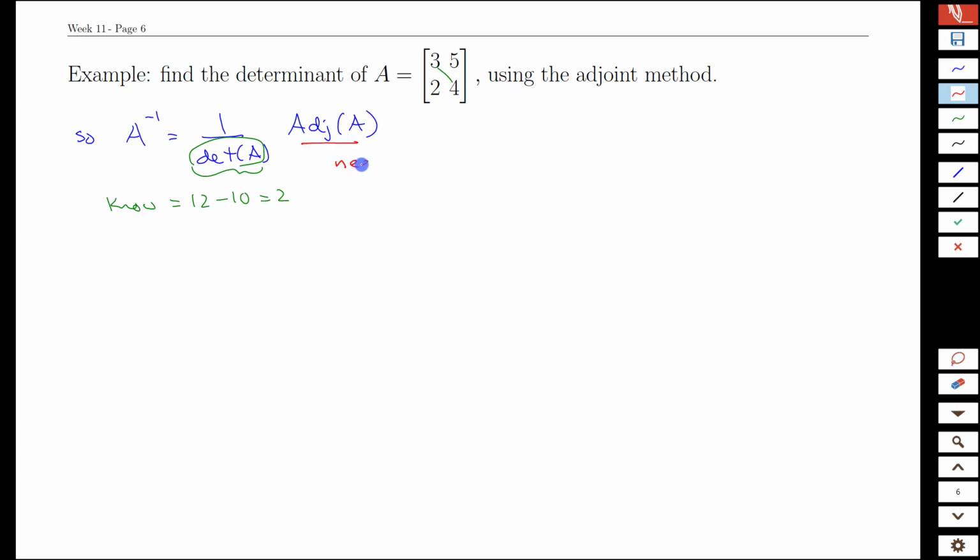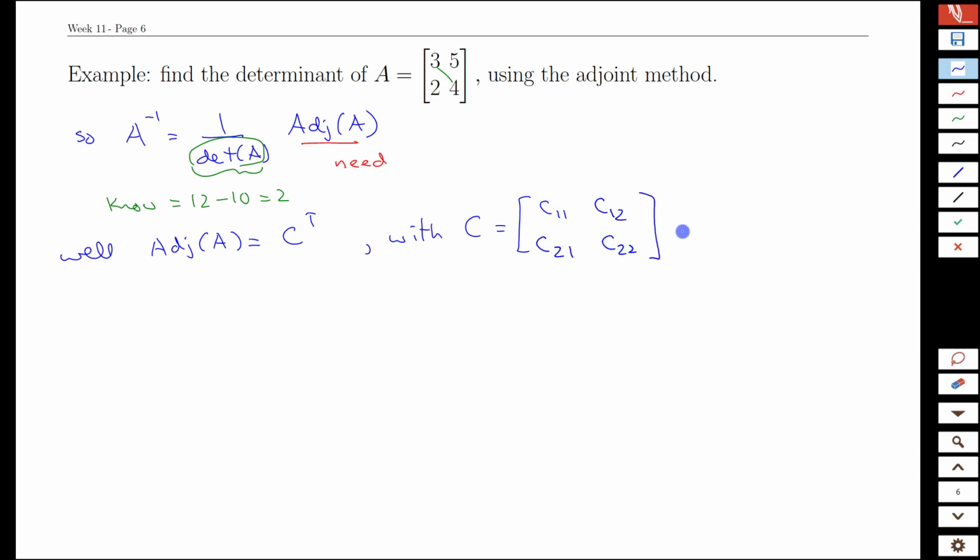We need the adjoint of A. Well, the adjoint of A is equal to some matrix C transpose, with C equaling a 2 by 2 matrix, same size as A, and it's labeled C11, C12, so we're going to find each of the elements of this matrix one by one.